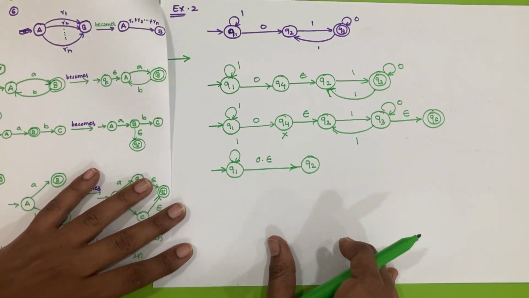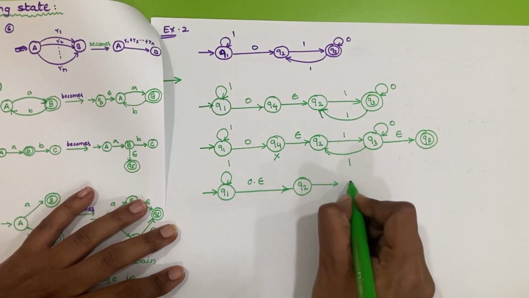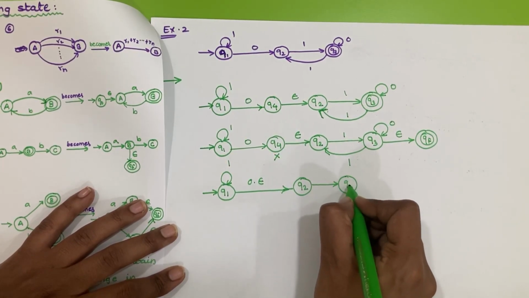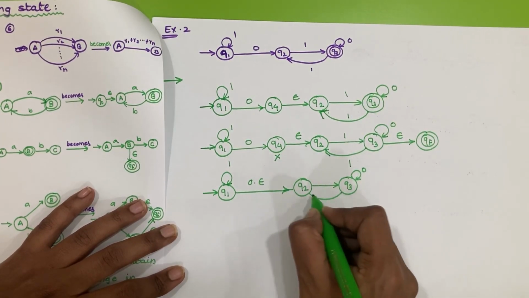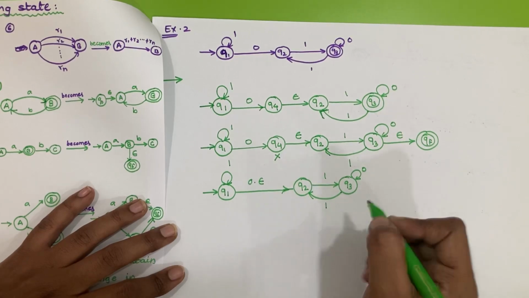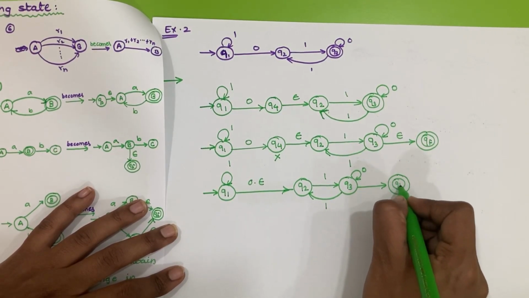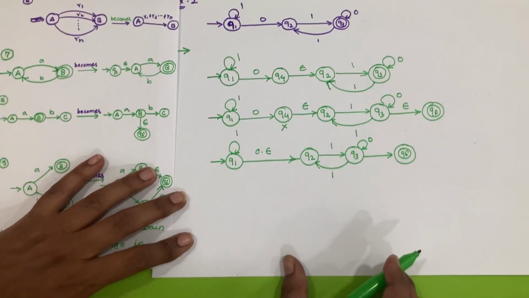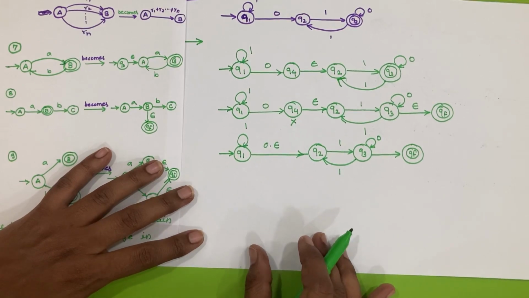The remaining transitions will be same. Now 0 dot empty means 0 only.